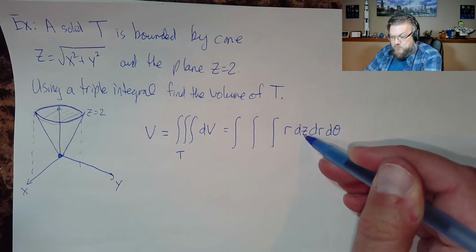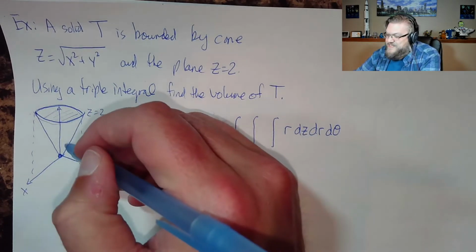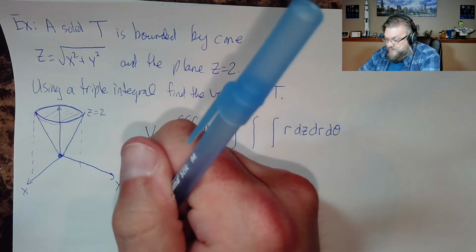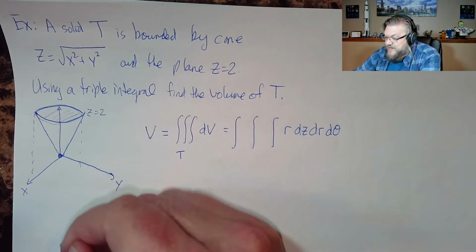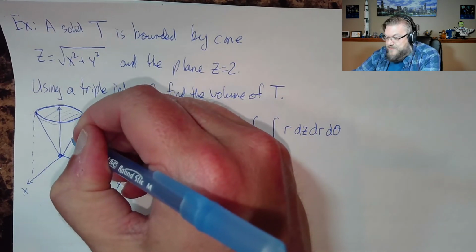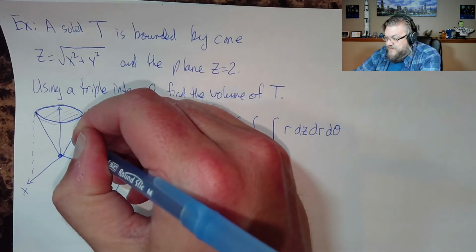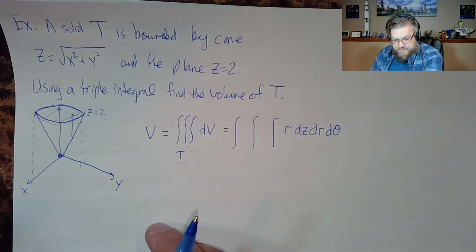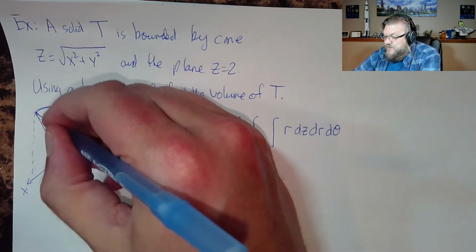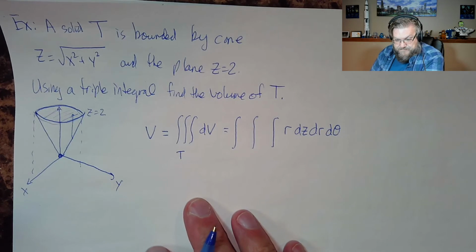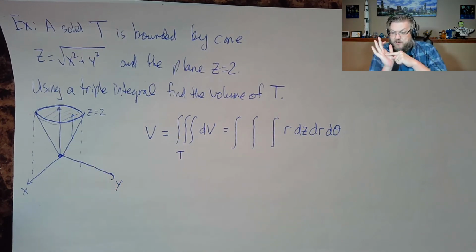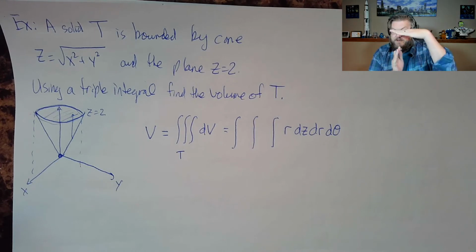That's how dz first works. So what is the bottom surface for any arrows that go through this shape? If I do an arrow that goes vertically, it's going to enter on the cone and then go straight up until it hits the flat top. Any vertical arrow will do that. So we're going to go from the bottom, which is the cone, up to the flat top.